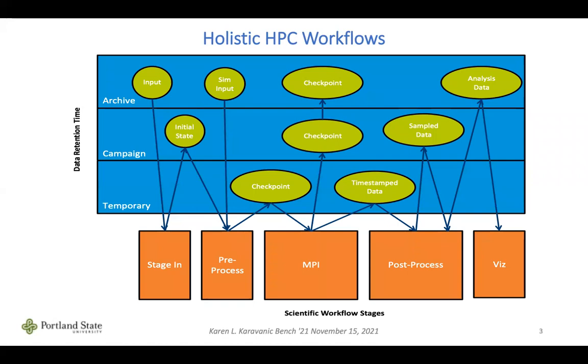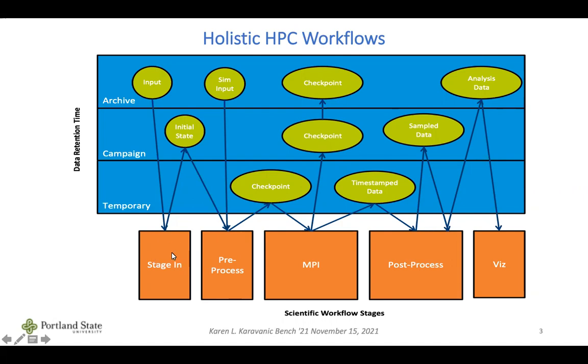Holistic HPC workflows are workflows not developed with a particular package, and they comprise multiple independent applications, libraries, scripts, or codes. Here we're showing a sketch of what a typical workflow might be.